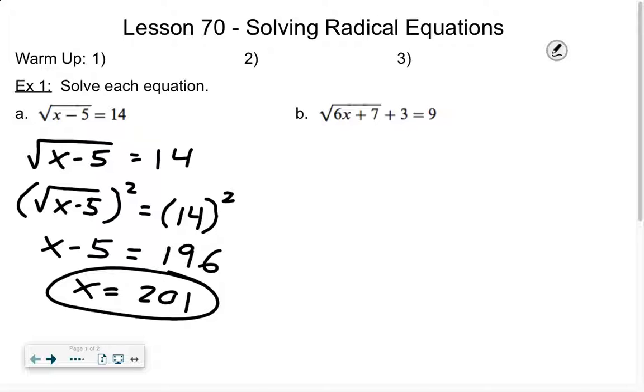If we look at B, same idea with absolute value. You want to get the radical by itself. So we will go ahead and subtract 3 to both sides.